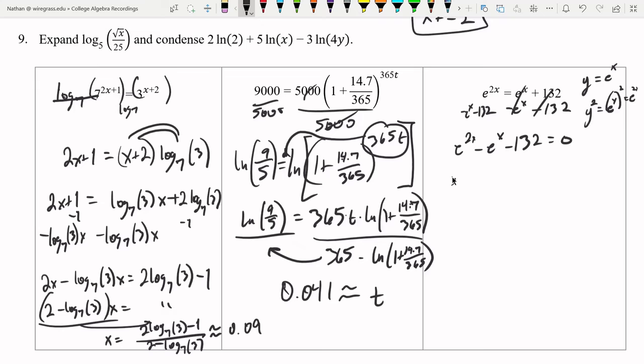And that tells me y squared minus y minus 132. This is a quadratic equation. So I can try and solve it by factoring. Let's see, 132. Right, the AC method says a times c is negative 132 over negative 1.